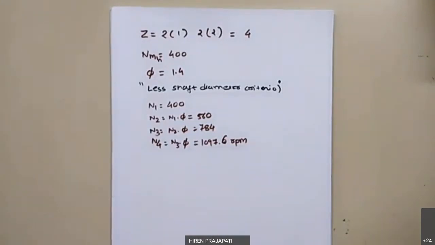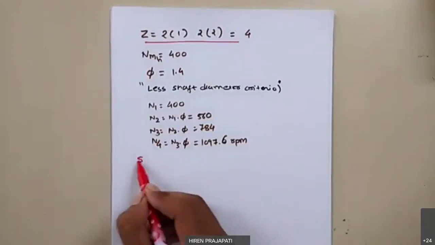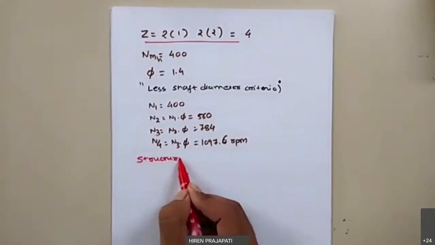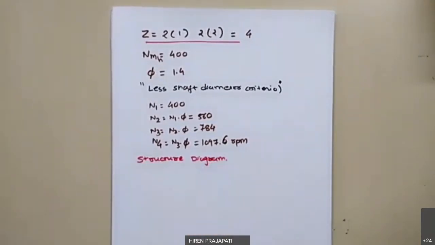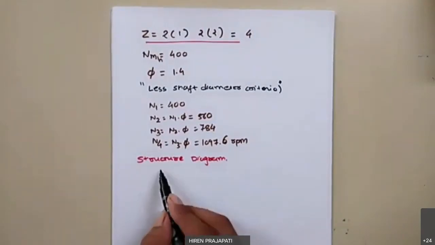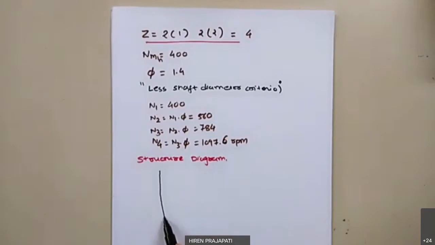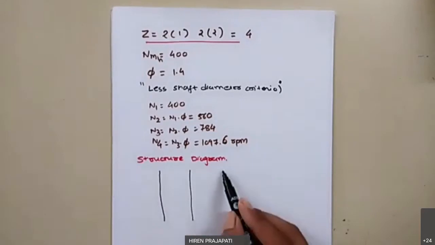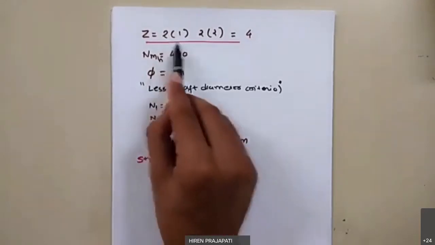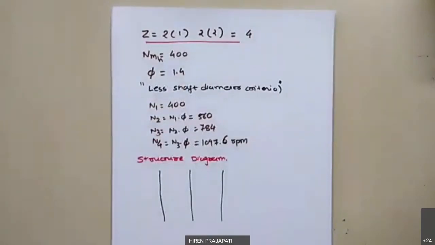Now after this, our next step is to draw the structure diagram, because the structure equation is already known. So let us draw the structure diagram for this given structure equation. Suppose shaft 1, shaft 2 and shaft 3, because this gearbox is in two stages. So we consider three shafts: input shaft, intermediate shaft and output shaft.